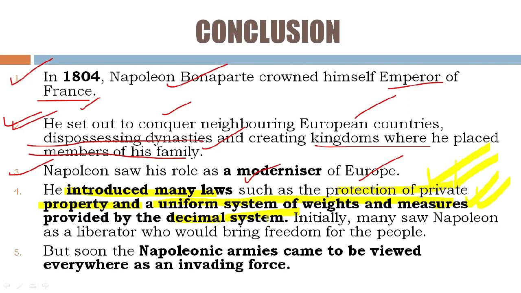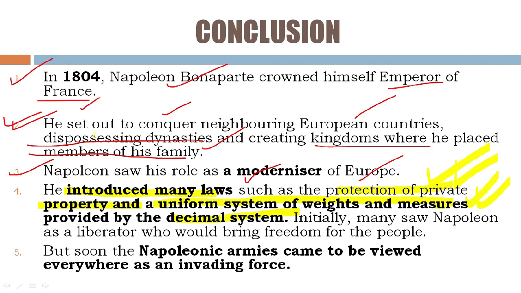What do you think? Was this to favor the people? Yes, to a certain extent, but in the long term, this was a step which was in turn going to benefit Napoleon himself, because it would have simplified the way in which the tax would be calculated and therefore collected.